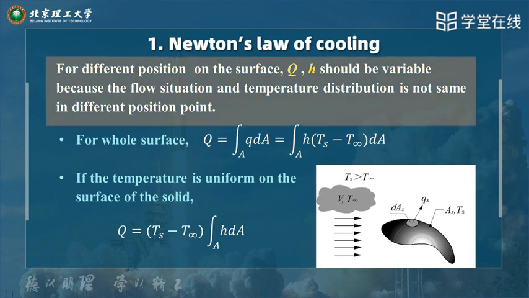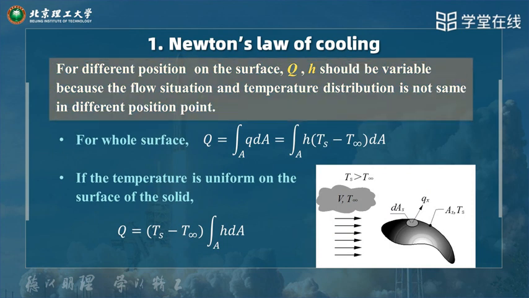For different positions on the solid surface, certainly the heat transfer flow rate is different. The coefficient H also is different. We can think it is variable because the flow situation and temperature distribution are not the same at different points.